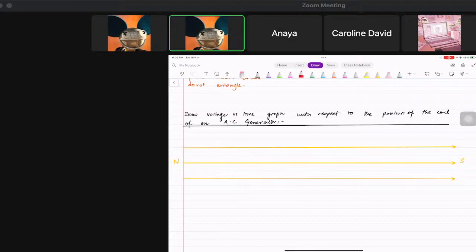So when the coil, I'm going to try to make a 3D figure. So when the coil is like this, where theta is 0, the angle is 0 with respect to the field, and there could be one more position like this.